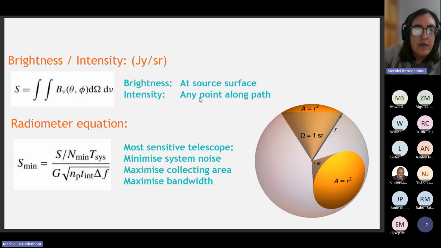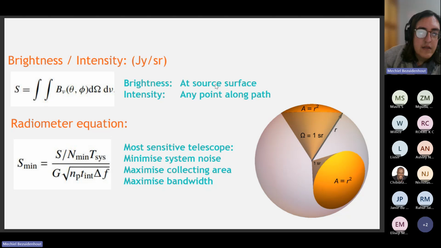If you're not familiar with the concept of a steradian, it's like a radian. A circle is divided into 2 pi radians, right? A sphere is divided into 4 pi steradian. And you can see an image of what one steradian looks like.